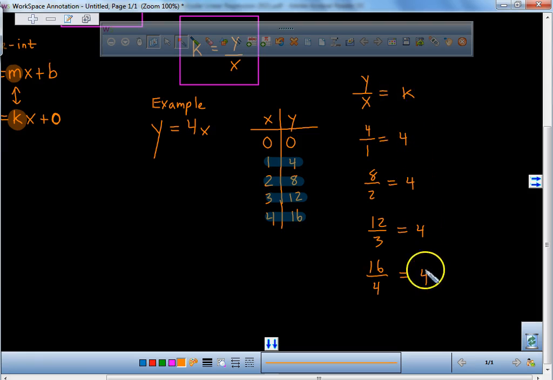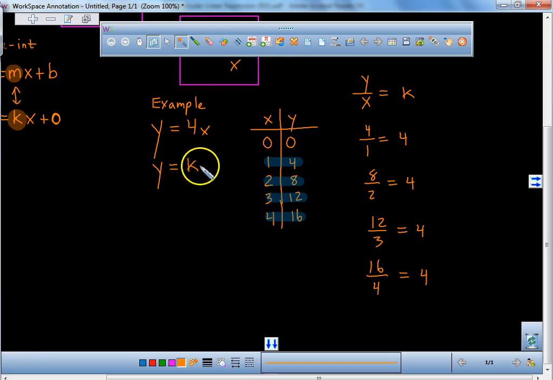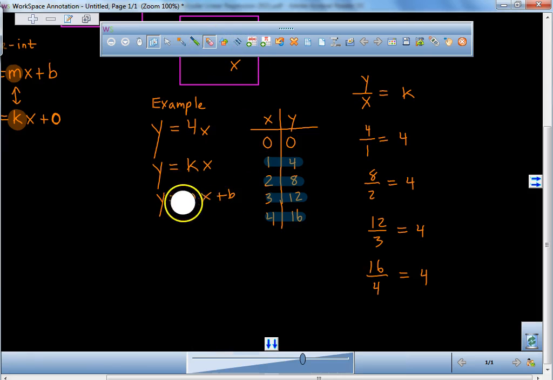You get your k value. Oh, yeah, by the way, this is in the form of y equals k times x, which is basically the same as y equals mx, okay? These are the same, okay? The only thing is we don't have to worry about the y-intercept being anything other than 0, 0.